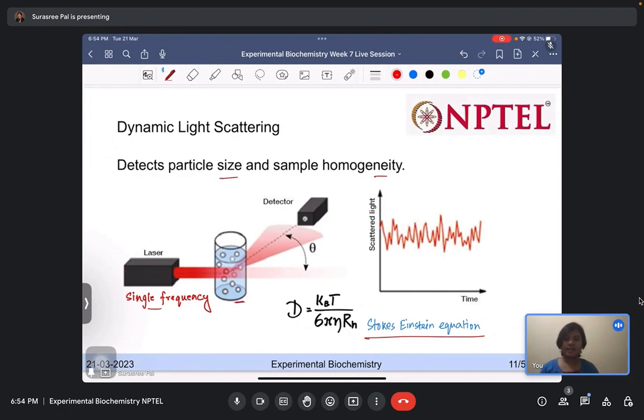The laser shoots its single frequency light, and then there is a detector. The protein molecules or whatever molecules are present in this sample will always be in Brownian motion.